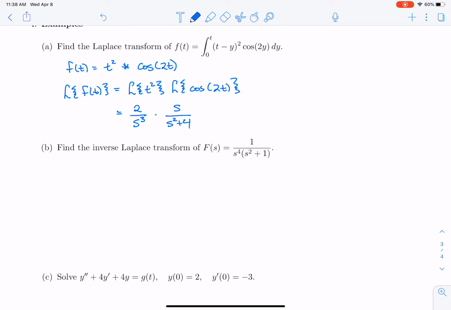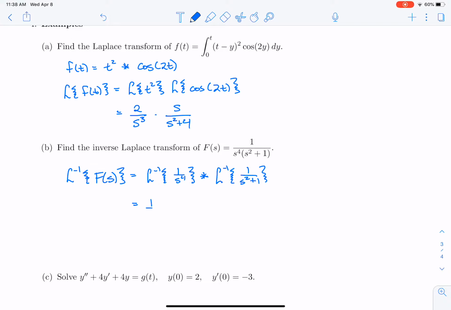Now, what if I wanted to find the inverse Laplace transform of capital F of s? And that function is going to be 1 over s to the fourth times s squared plus 1. Well, I know that that's the inverse Laplace transform of 1 over s to the fourth convolved with the inverse Laplace transform of 1 over s squared plus 1.